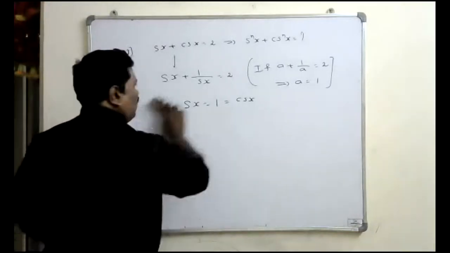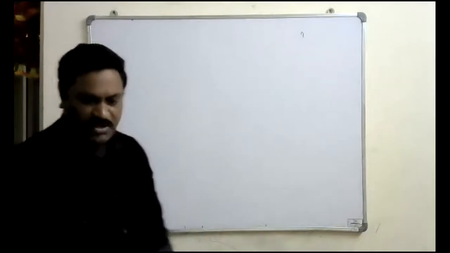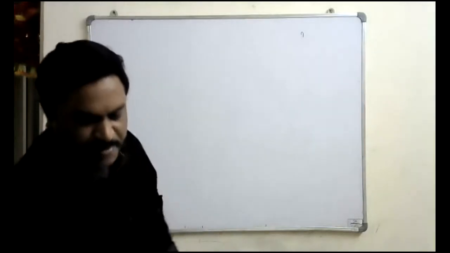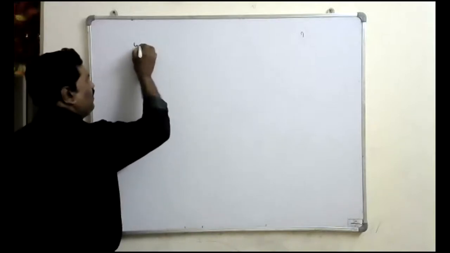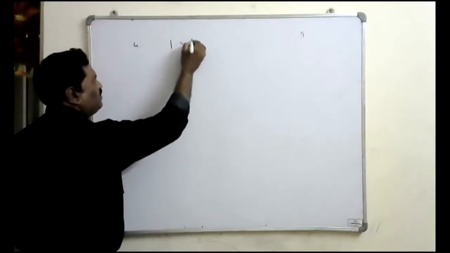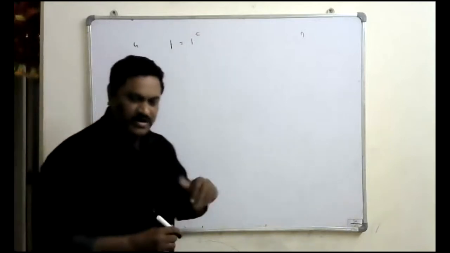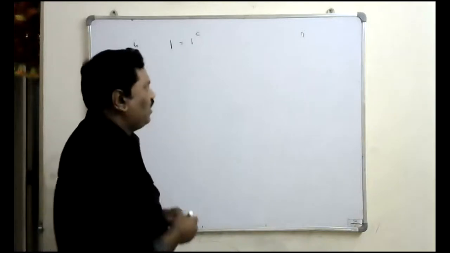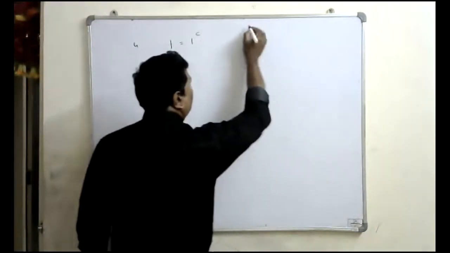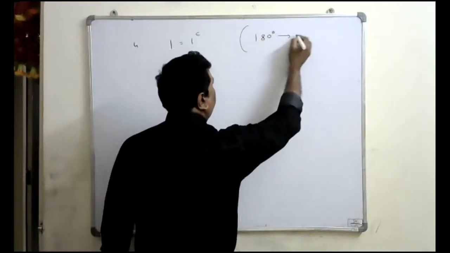Here they have given the relation between sine 1 and sine 1 degree. But you should understand what is meant by the 1. 1 means that is in radians. That is the meaning of that. 1 means that is called 1 radian. But 1 degree is different, 1 radian is different. So already I told you that 180 degree is pi radians.